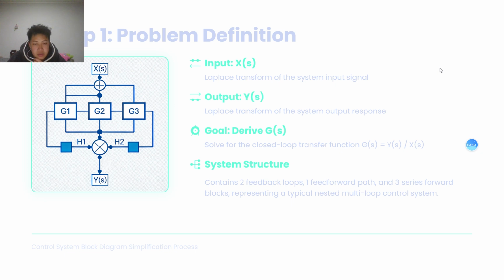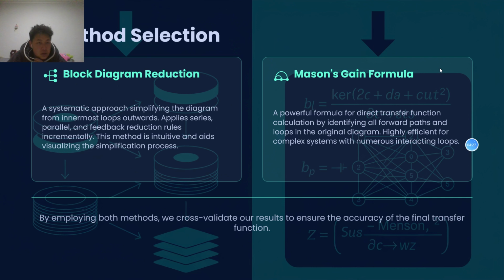So the system structure contains two feedback loops, one feedforward path, and three zero forward blocks, representing a typical nested multi-loop control system. And the method selection: you can see block diagram reduction and Mason's gain formula.